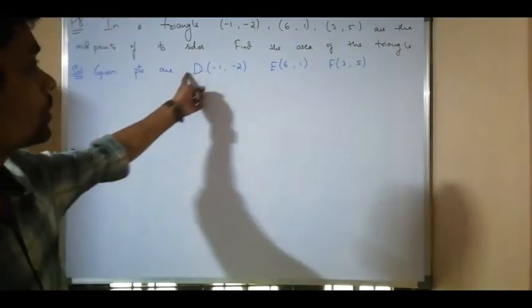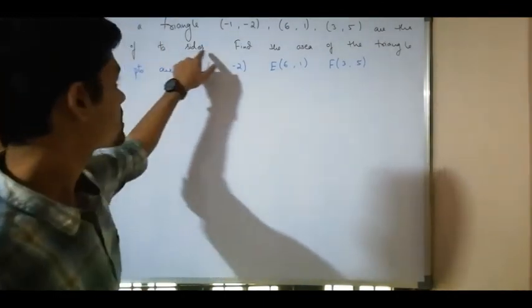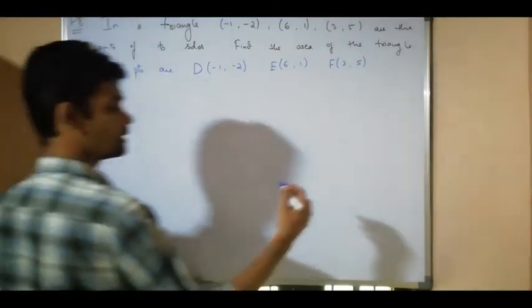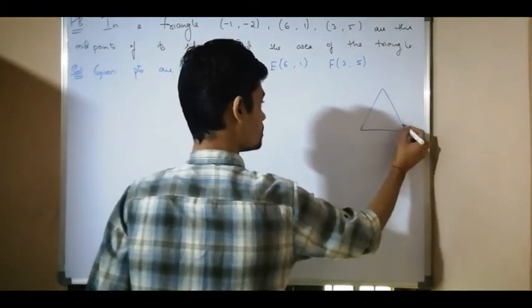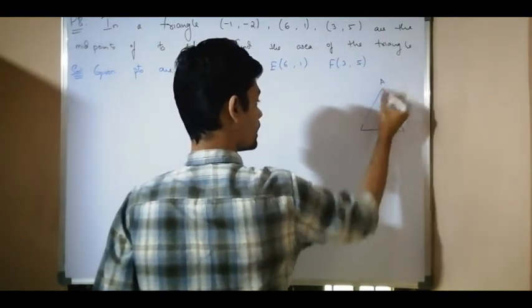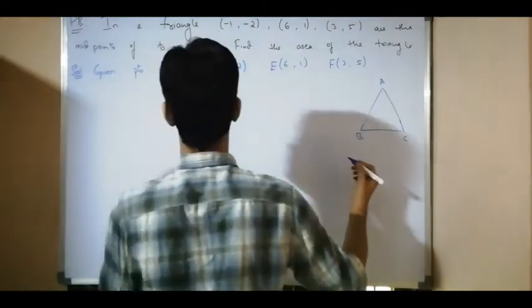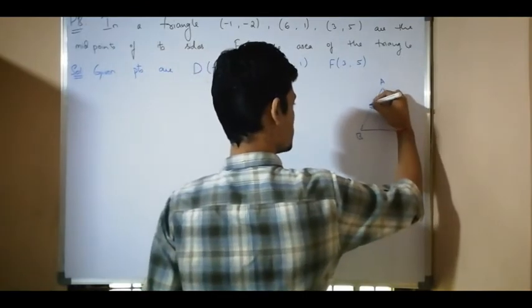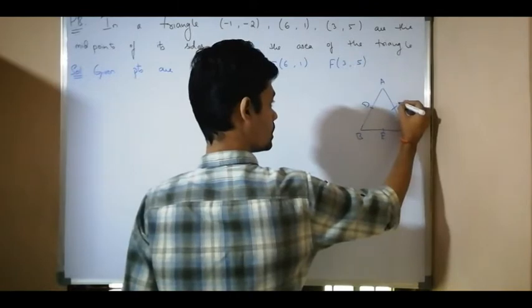These are the given points, and those points are nothing but midpoints of the sides of the triangle. Let us take ABC as the triangle, then D, E, F are the midpoints of these sides.